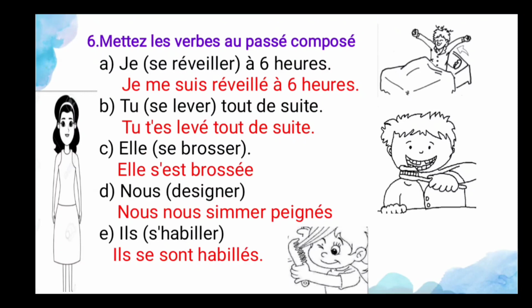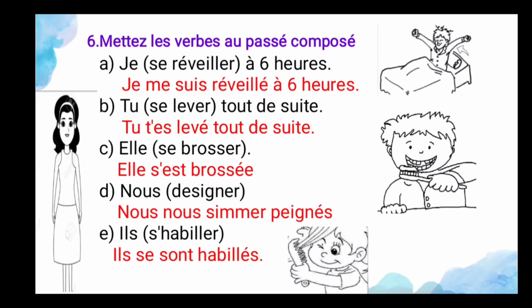And third one is elle se brosse. So she is brushing. So she brushed. And next, nous peignons. So you have to make some changes. Peigner. So nous peignons means we comb. And the answer is nous nous sommes peignés. It means we combed each other.